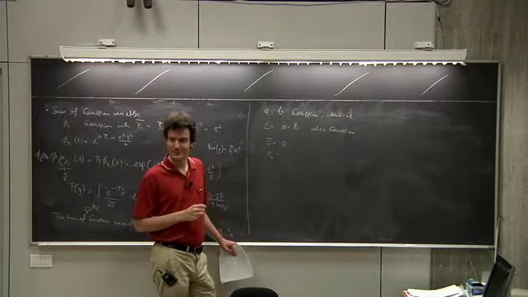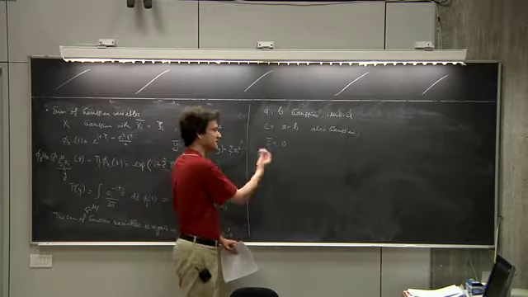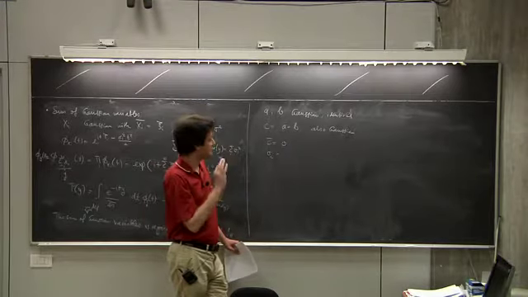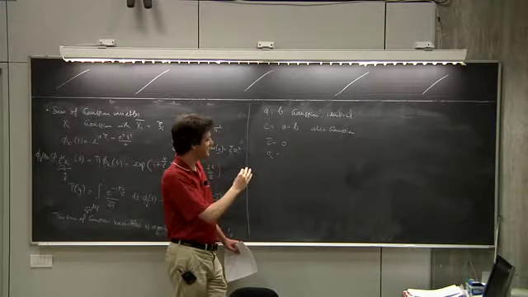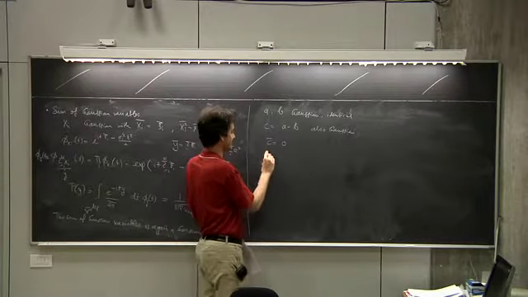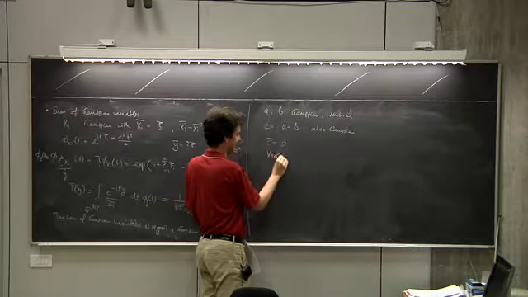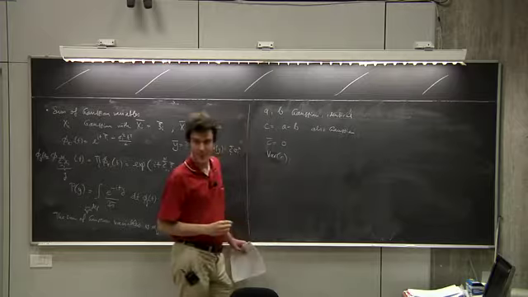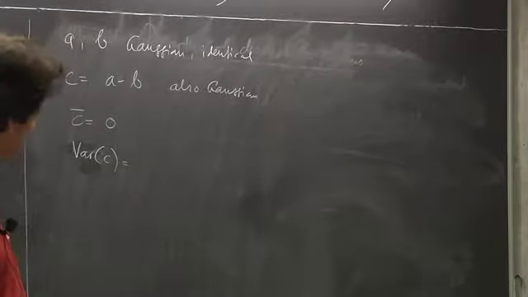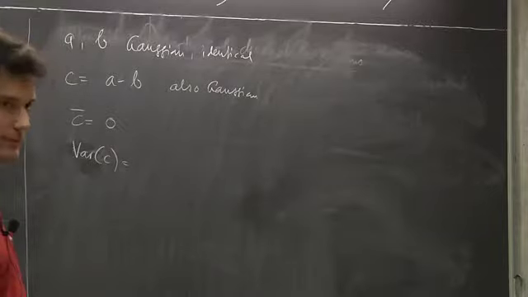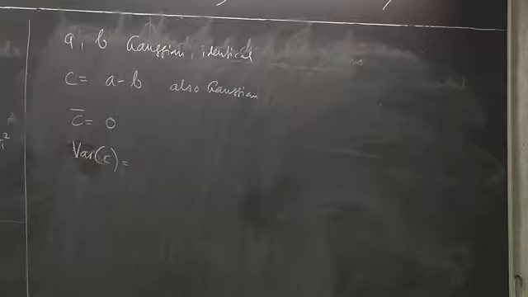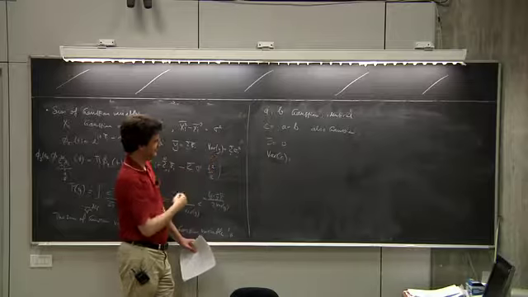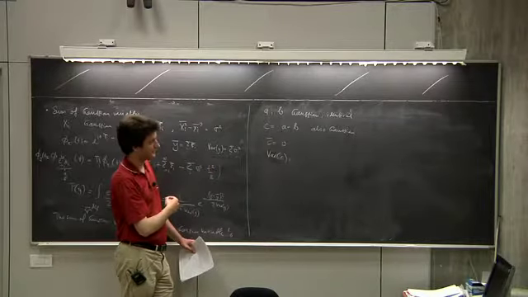Okay, let's vote. So what is the variance of C? Since C is a Gaussian, then the variance of C has to be the variance of A or the variance of B, since both are equal. Then the sum, which is 0?